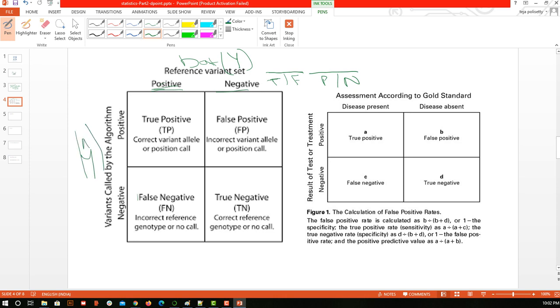When our output was positive and we predicted positive too, that means our decision was true. Suppose the output was positive and the decision that we took is negative, that means our decision was not correct. So in that case we go for false.